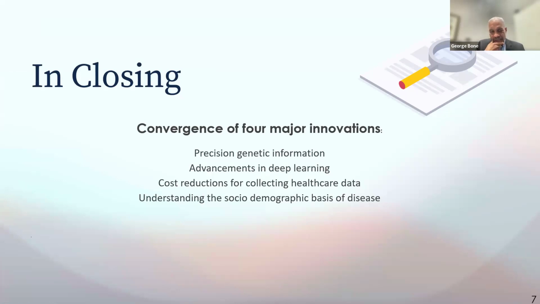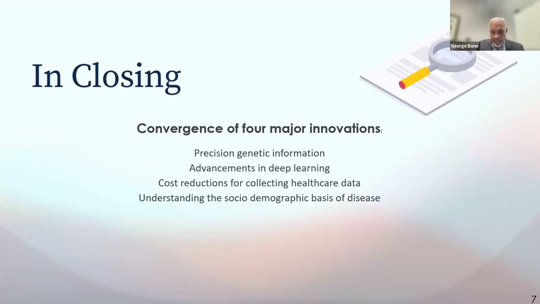In closing, we are at a very, very critical inflection point in our ability to predict and engineer complex biological systems, which I think is going to transform healthcare from a wet and messy art/science into an engineering discipline. This is being driven by these four major converging innovations.